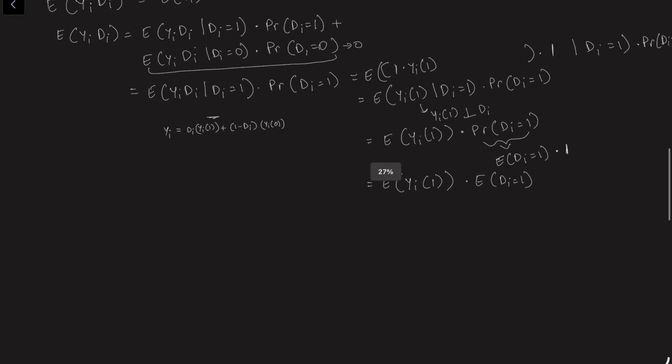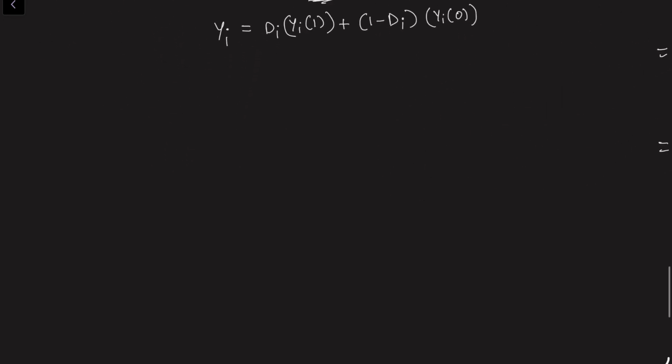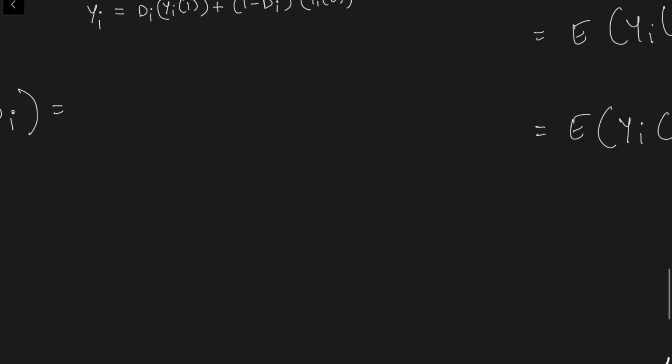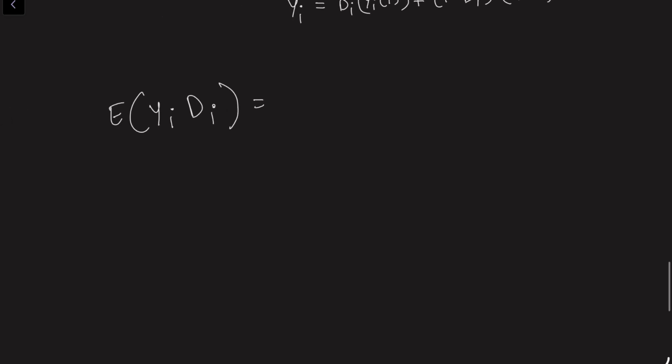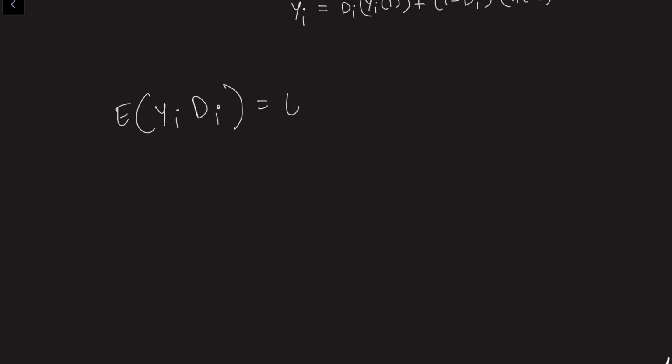Now what did we primarily conclude? With all our calculation, we conclude that the expectation of Yi times Di is actually just equal to the expectation of the potential outcome of being treated times the expectation of the dummy variable.